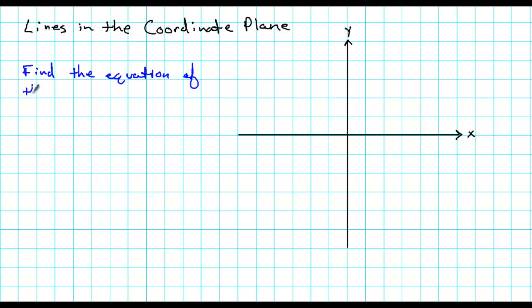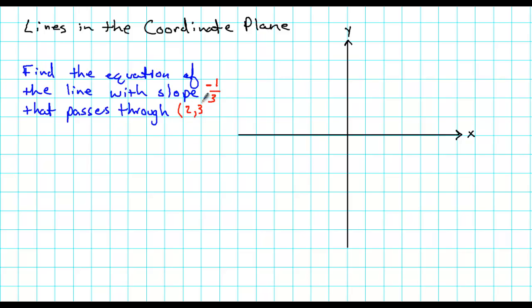Find the equation of the line with slope, and we'll say our slope is going to be, put in a different color, making it fun again, with slope negative 1/3 that passes through the point 2, 3. Right, so that's the kind of problems we're going to be doing.